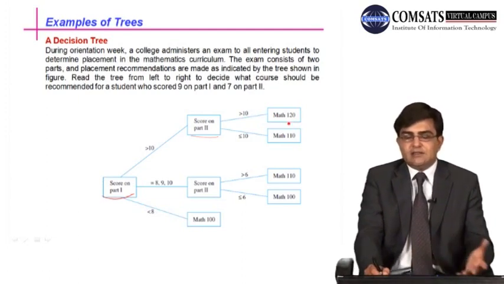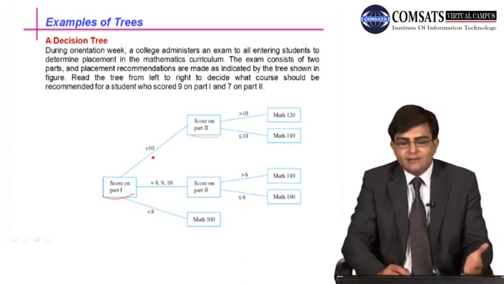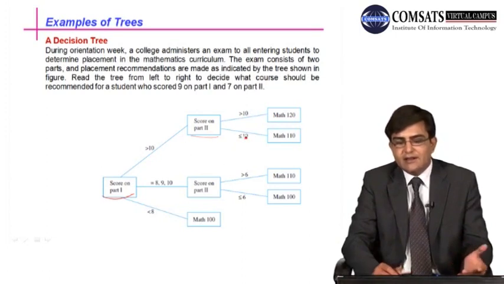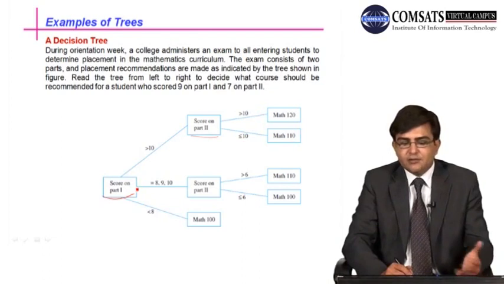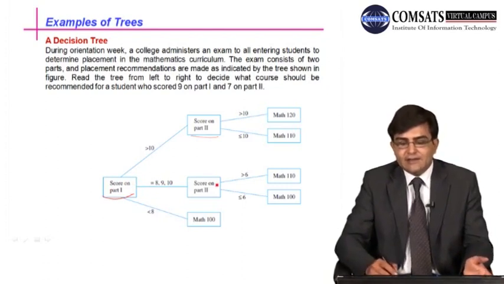Math 120 is one course. If you got greater than 10 marks in the first semester and less than or equal to 10 marks in the second semester, then you can choose Math 110. Similarly, if some student has got 8, 9 or 10 marks in the first semester, and in the second semester got greater than 6 marks, then they can opt for Math 110.